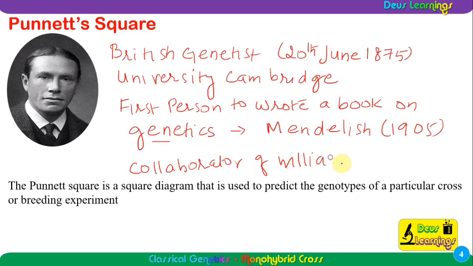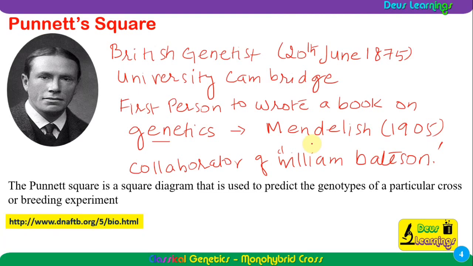That's interesting about Punnett. Now let's go to the next topic. If you want to know more about Punnett, the link is here. You can go and check, and you will get the whole biography of Reginald Punnett.